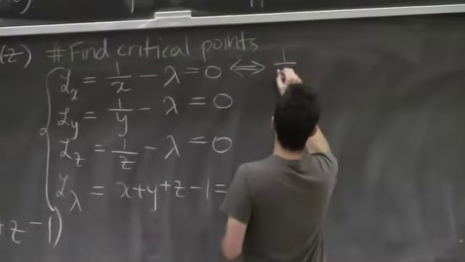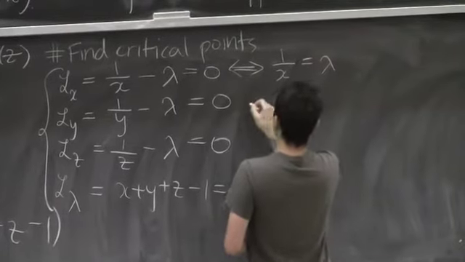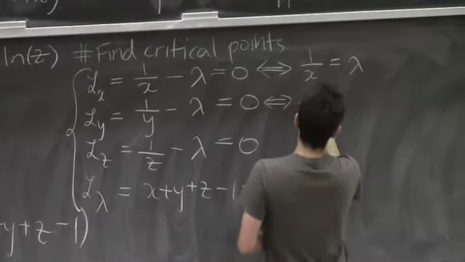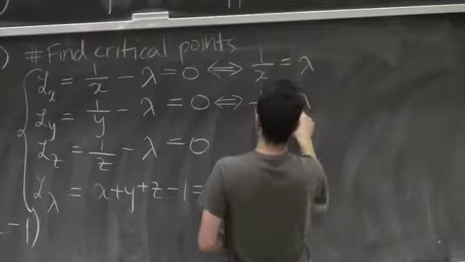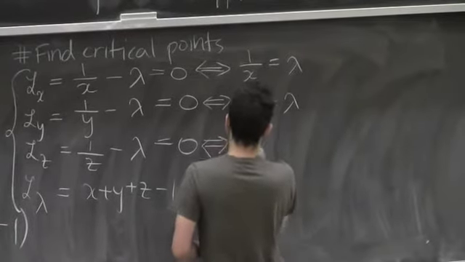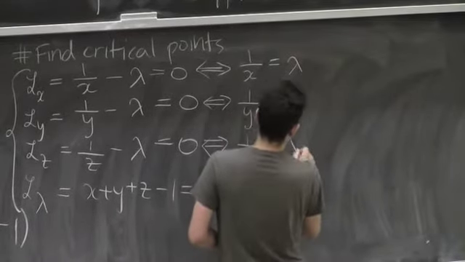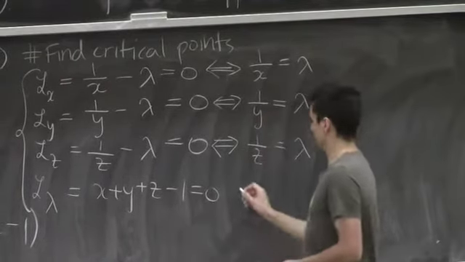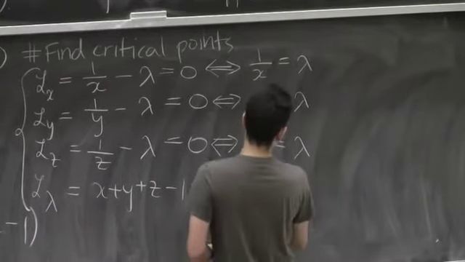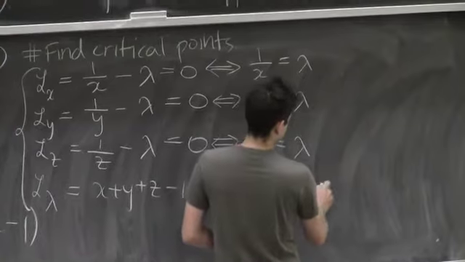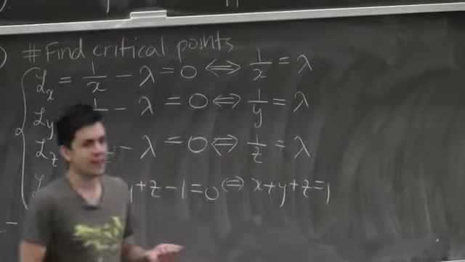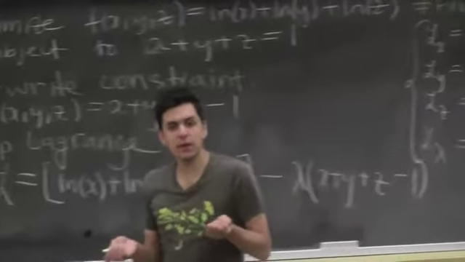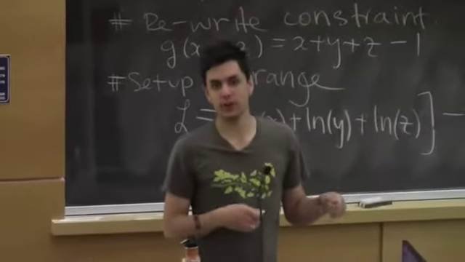Often you can get all of these things to equal out to lambda. Okay, and that gives you relationships among your variables that you didn't have before, right?